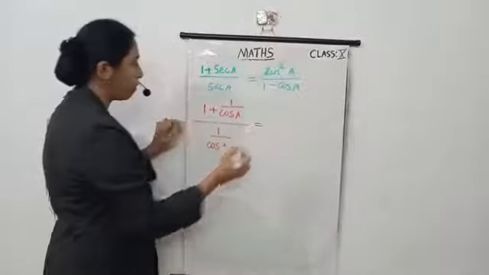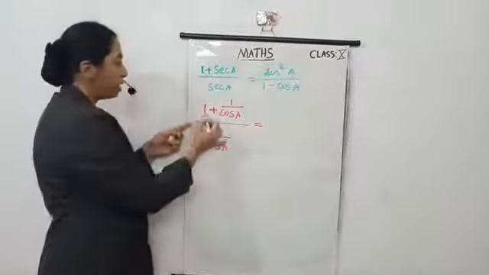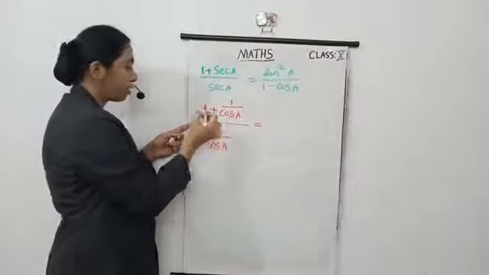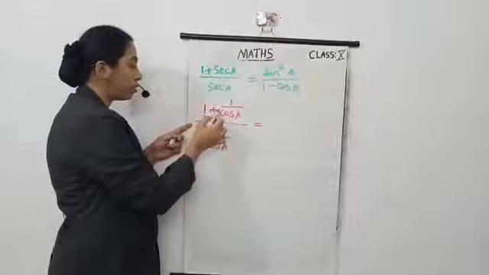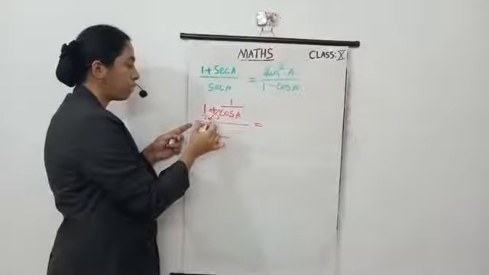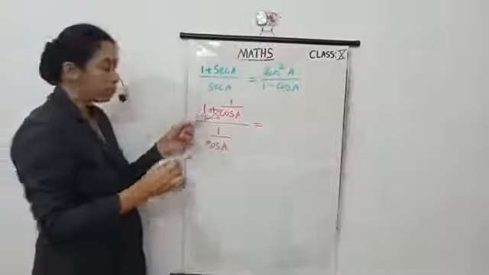Now this is equal to, we multiply. Here consider denominator 1. So multiply this numerator and denominator, then multiply like this. Yeah, I think all of you know that.